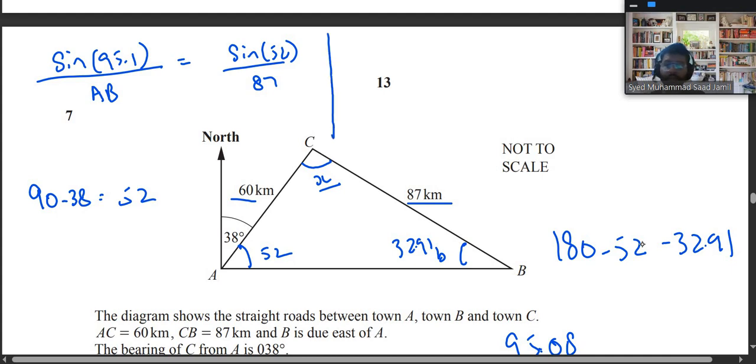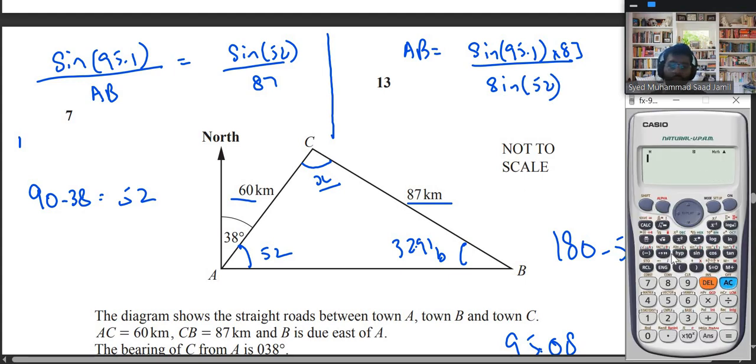We cross multiply, so AB is equal to sine 95.1 multiplied by 87 upon sine 52. So it becomes 109.96.